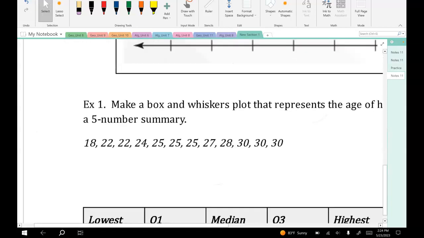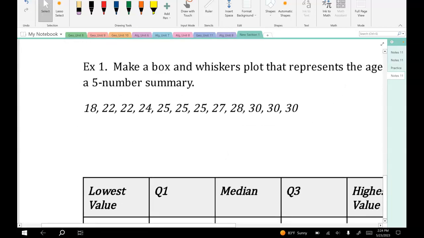For this to work on Desmos, we first need to make a list of all of our values. These are the ages of all 12 people on our hiking trip. It ranges from 18 to 30, with some ages repeating.